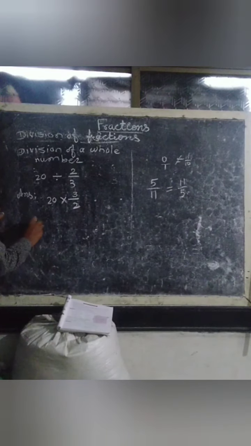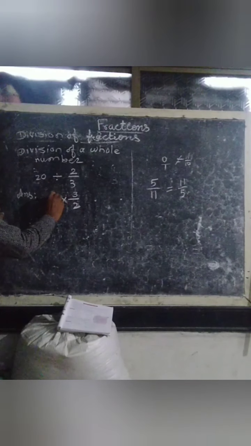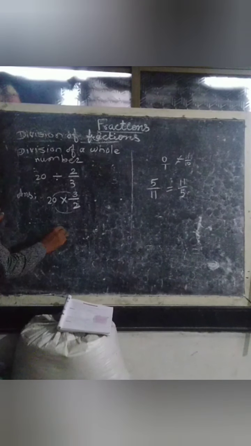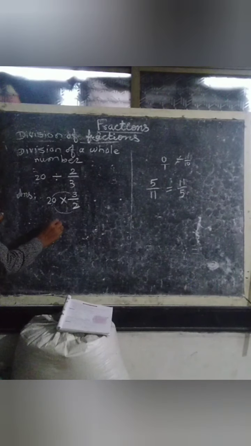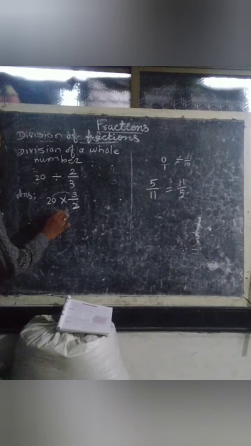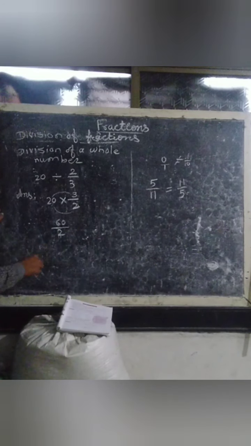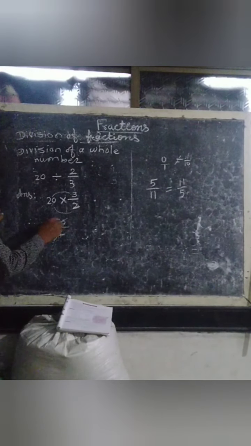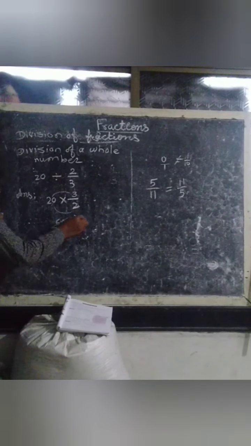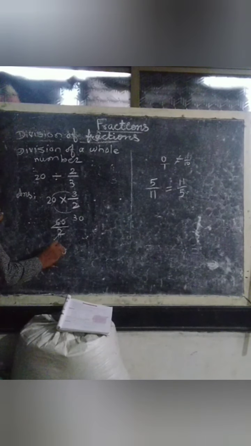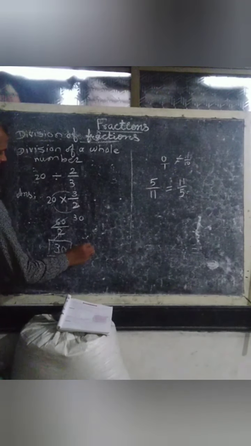The next step is to multiply numerators and denominators, simple multiplication of a fraction. 20 times 3 is 60 upon 2 1s are 2. 60 upon 2 gives 30. So 30 is the answer, or 30 is the quotient.